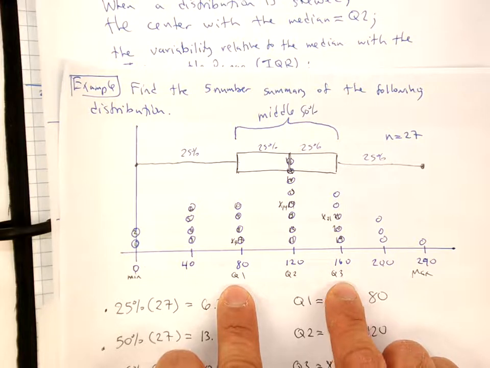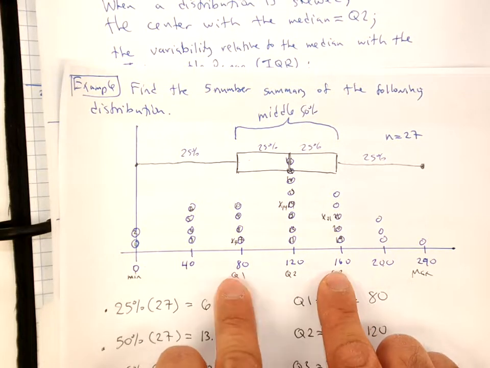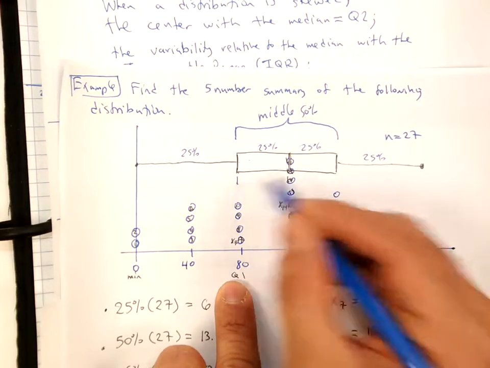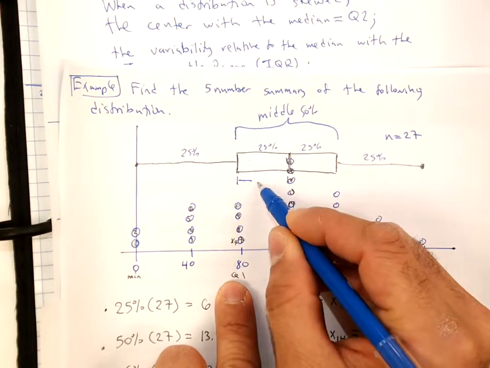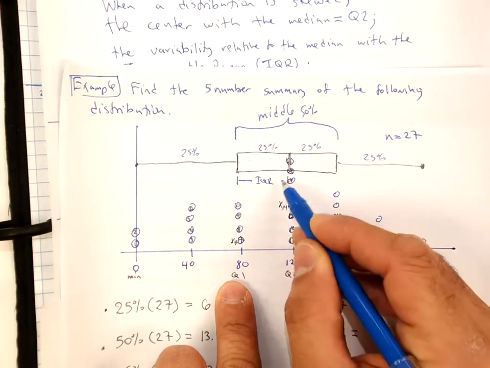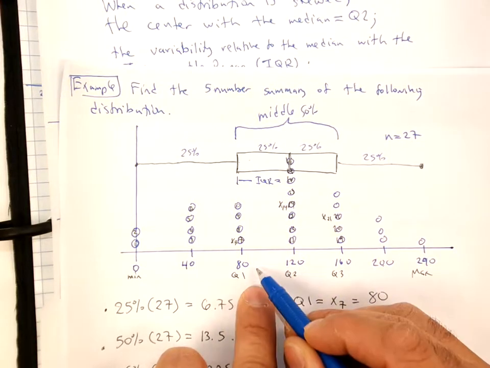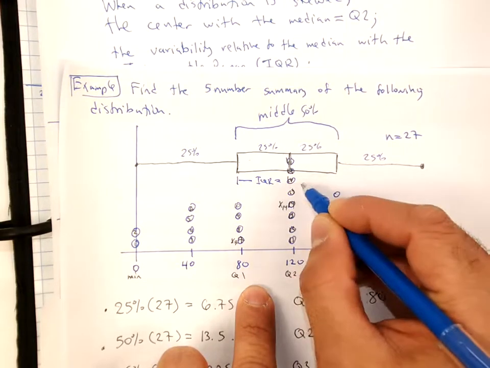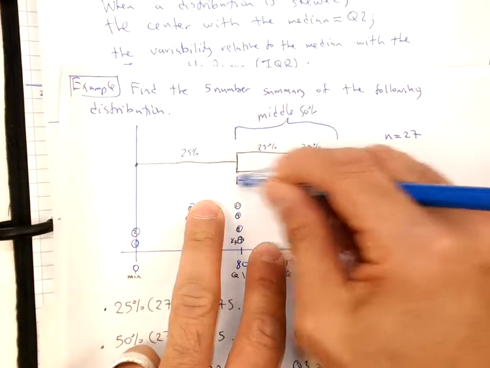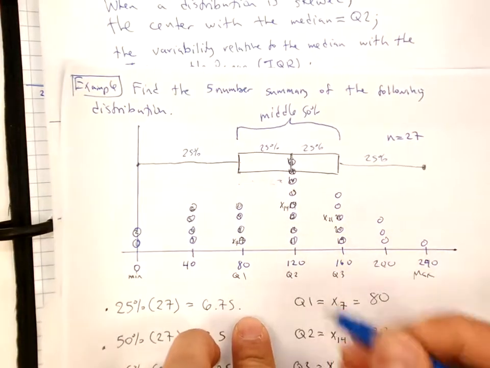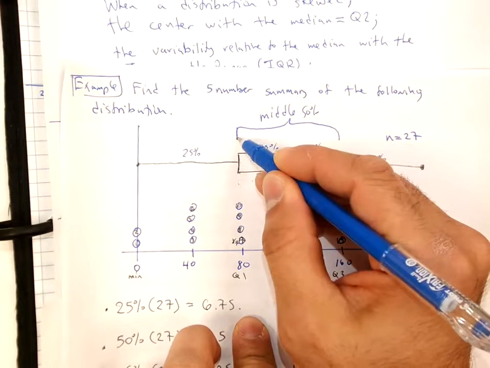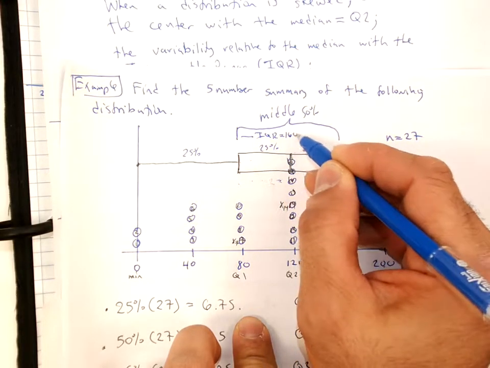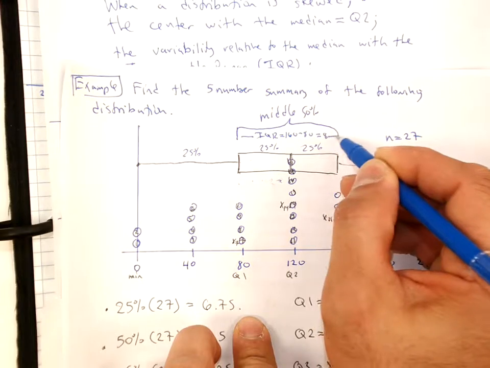And so the IQR represents the distance between 160 and 80, their difference. So the IQR is, in this case, 160 minus 80, which is 80. Maybe I'll write it up here. So IQR is 160 minus 80, which is 80.